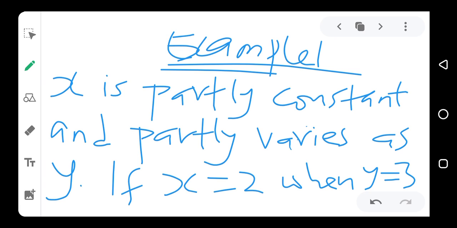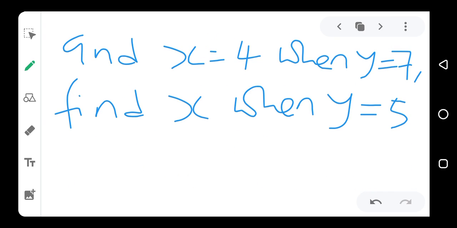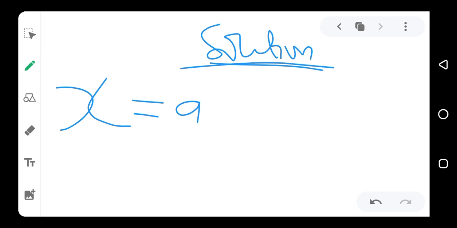So we say again, here x is equal to a, that is the first statement. And then in the second part of the compound statement there, we have that x partly varies as y, and we are taking it as a direct variation.